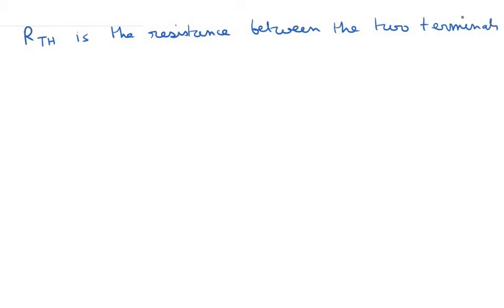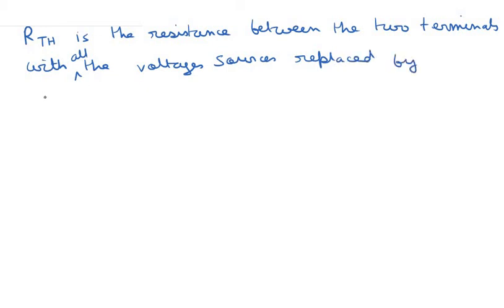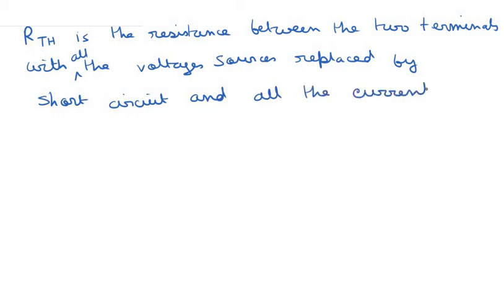So RTH is basically the resistance between the two terminals with the voltage source, or with all the voltage sources, replaced by short circuits and all the current sources replaced by open circuits.